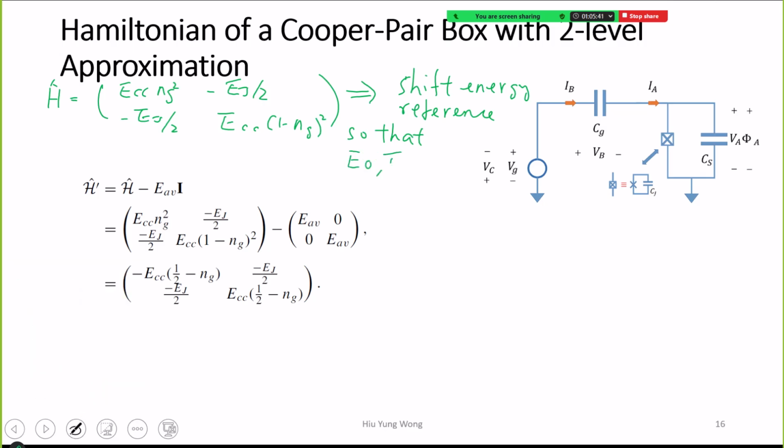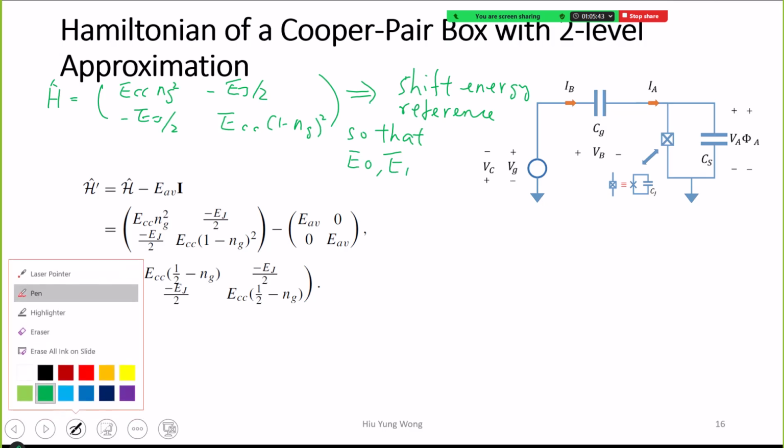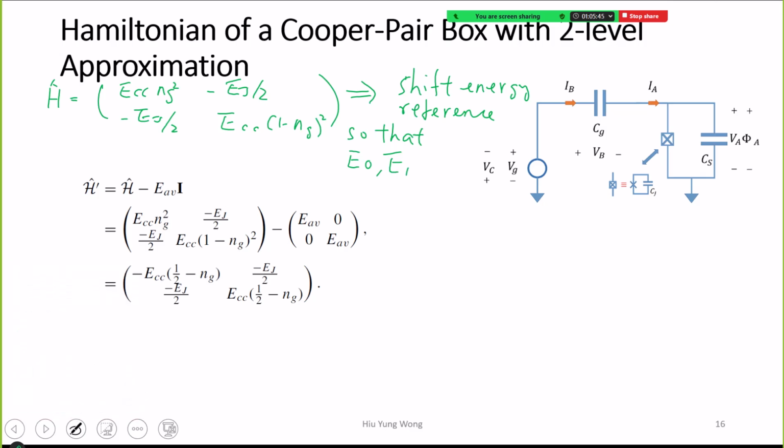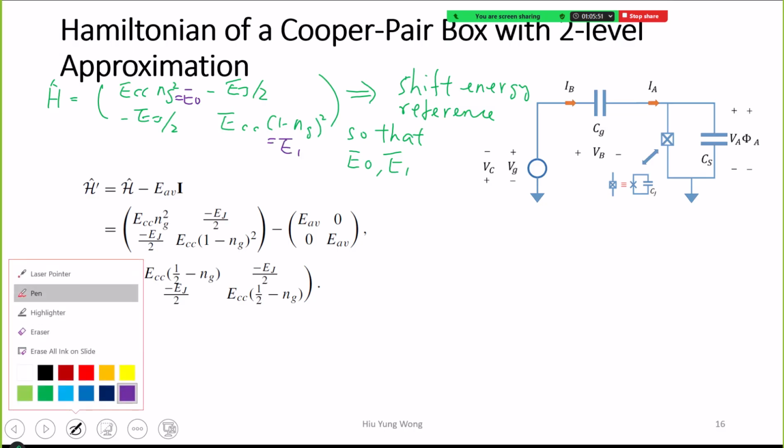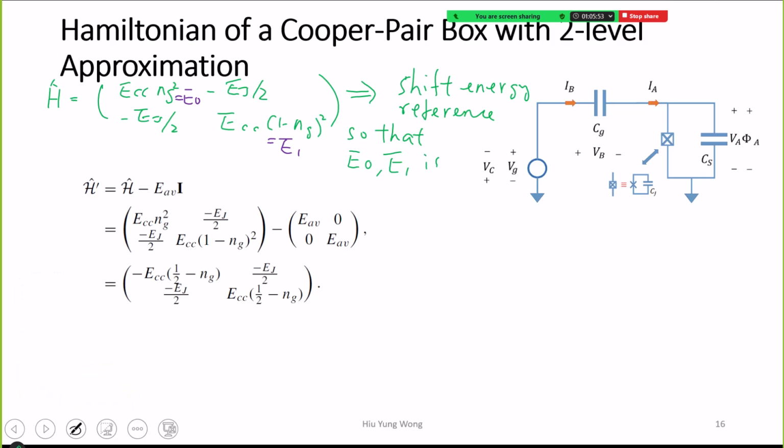When I say E0, I'm talking about this, and E1, I'm talking about this. I do that so that it is symmetric. They are symmetric about 0. That's the goal, right?